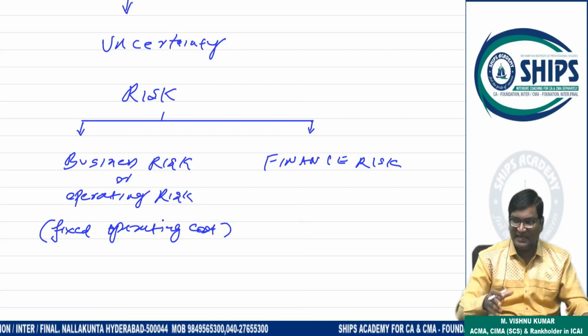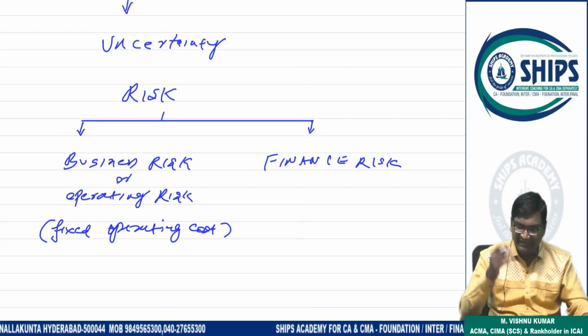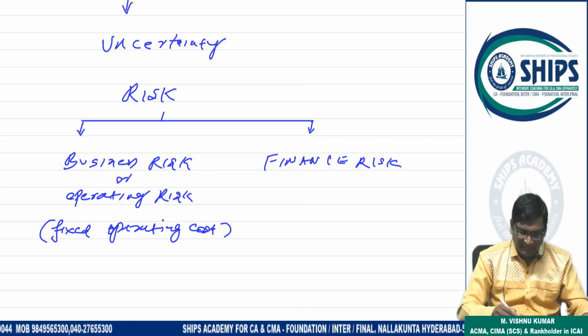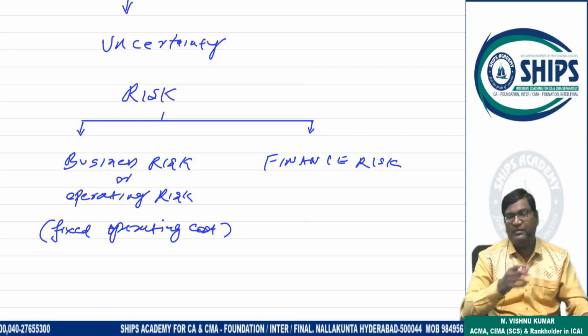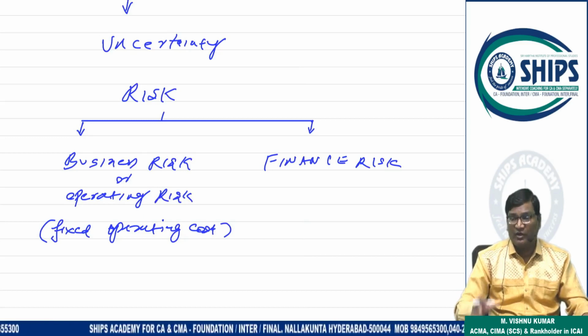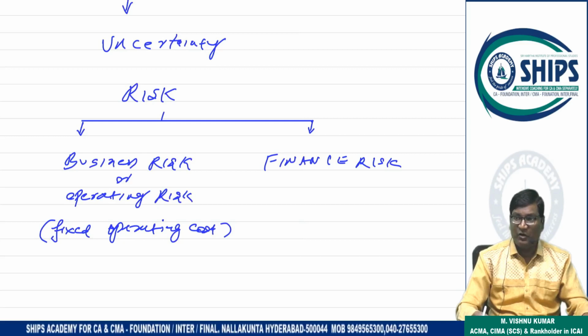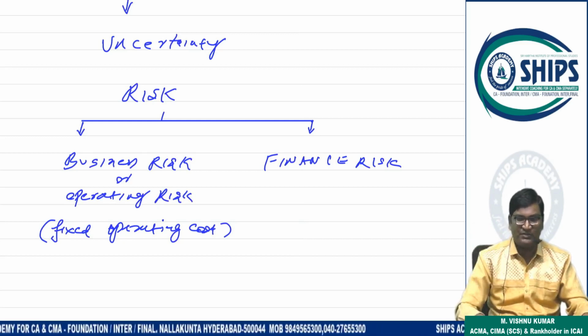So the risk which is arising due to this fixed cost is called operating risk or business risk. To calculate this risk, the formula or the tool which we use here is called operating leverage.